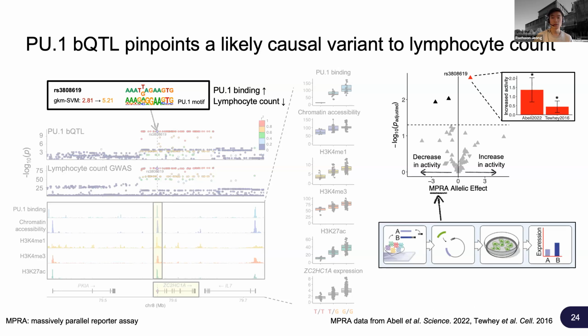Now, this plot shows the allelic effects of the sets of variants that are correlated with RS38 in this locus. And when the allelic effects are statistically evaluated, only RS38, shown in red, showed significant increase in reporter activity, which was replicated in another study. This result shows that RS38 is likely to be the causal variant among the set of over 40 candidate variants in this locus.